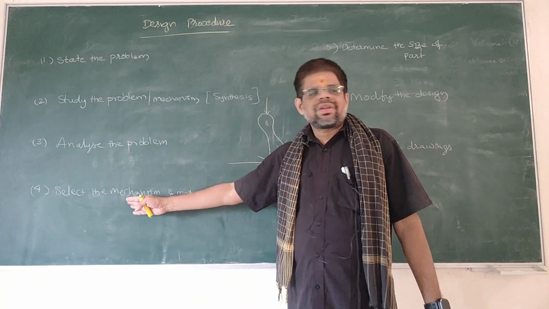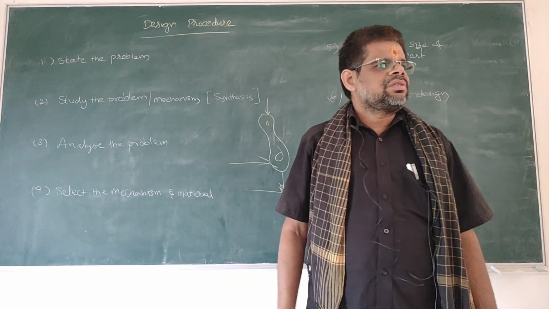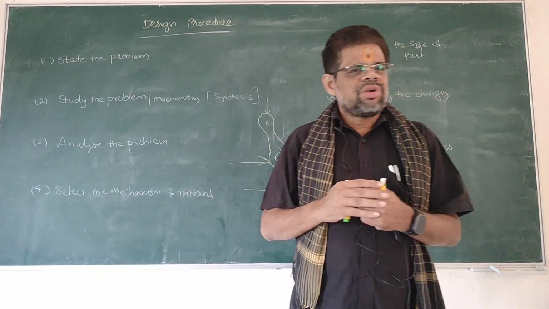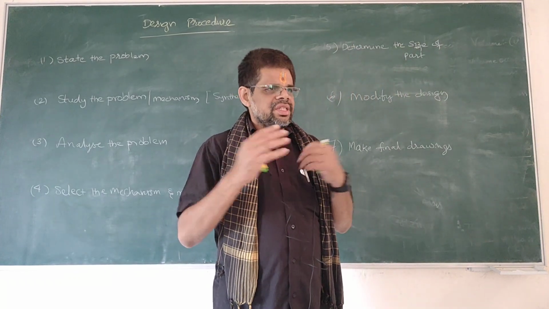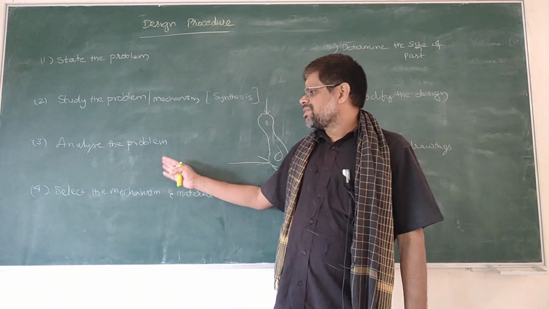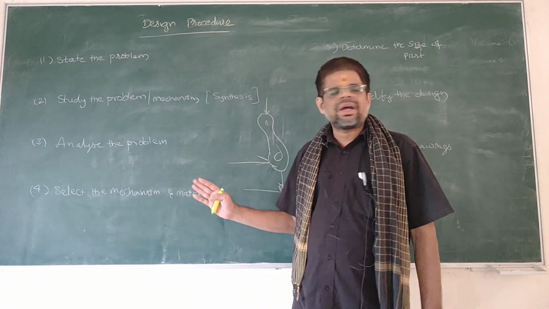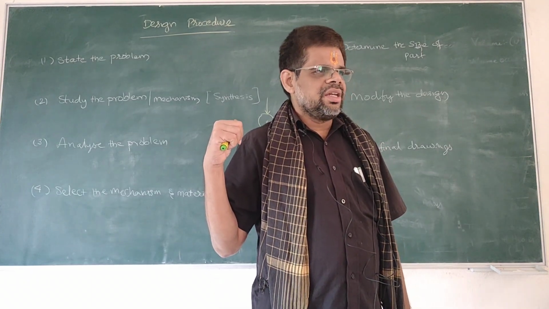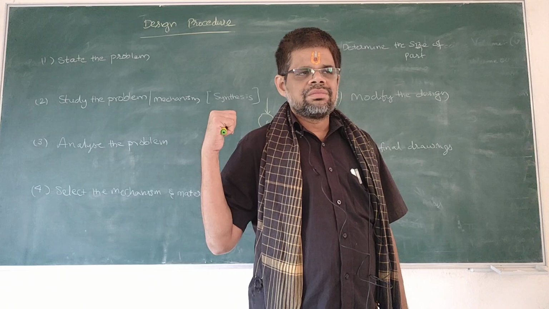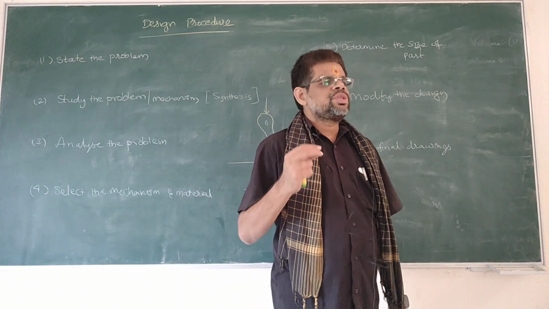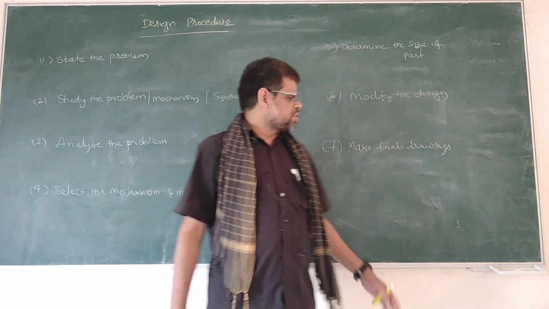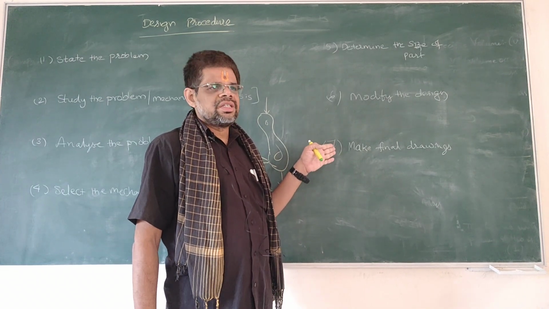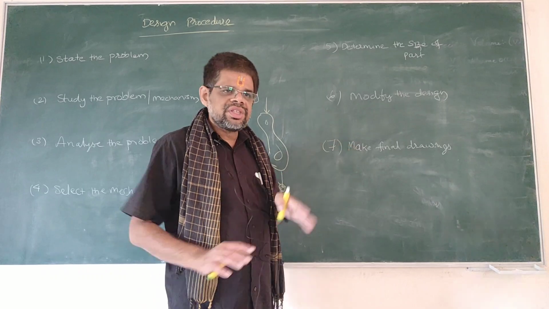Then you are going to design the improvement or a modification. You are going to propose a modification, or you are going to make a new design. For that purpose, you have to select proper material and mechanism. We have discussed this material already in the previous class. We have to choose proper material which suits the working conditions in terms of size, shape, cost, everything you have to consider.